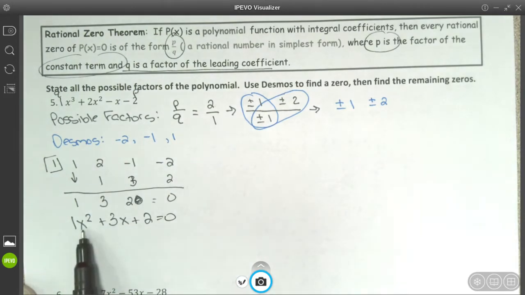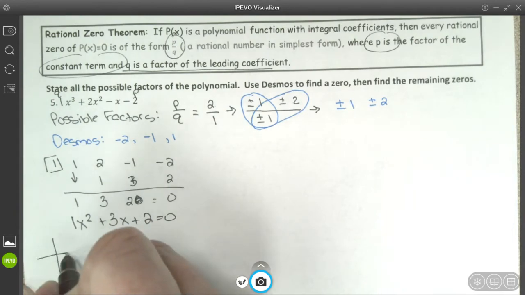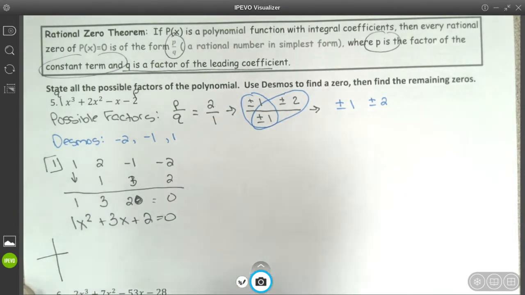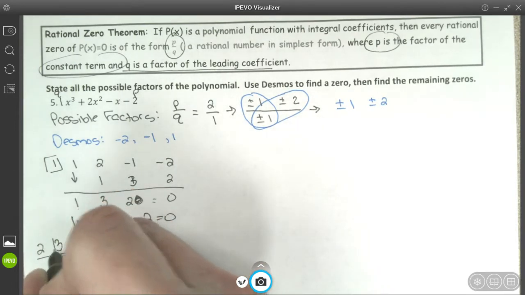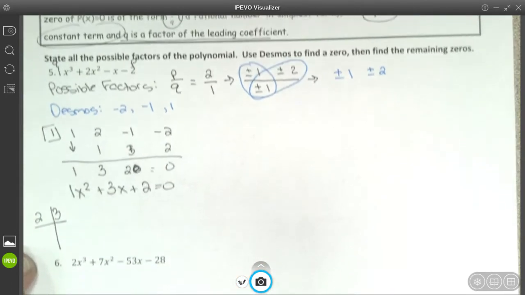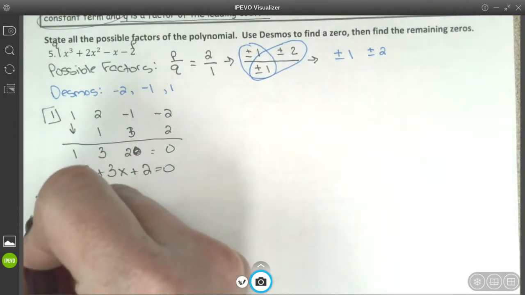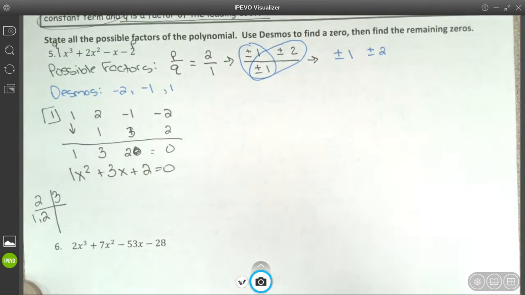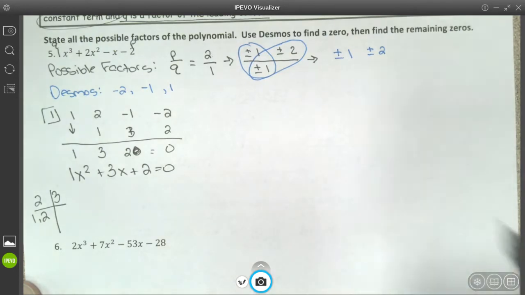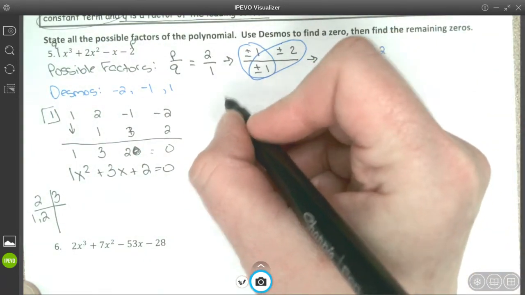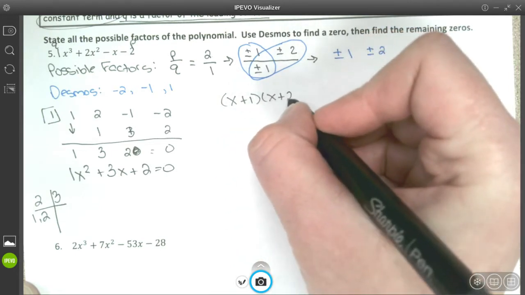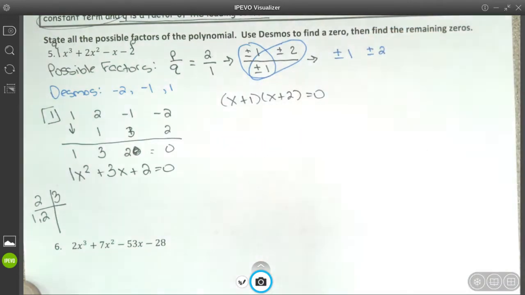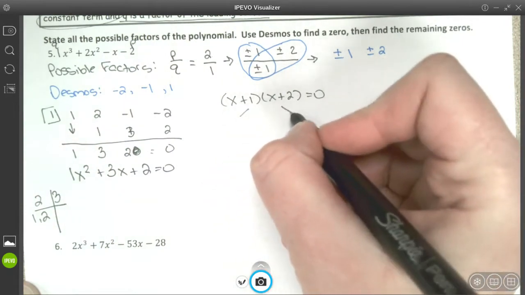So then once you get it down to a quadratic, then we're just going to factor it to finish it off. So when I make my ACB chart, I want factors of 2 that add up to 3. So I can use 1 and 2. So this factors as x plus 1, x plus 2 equals 0.